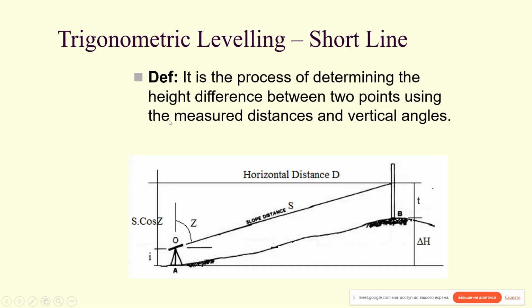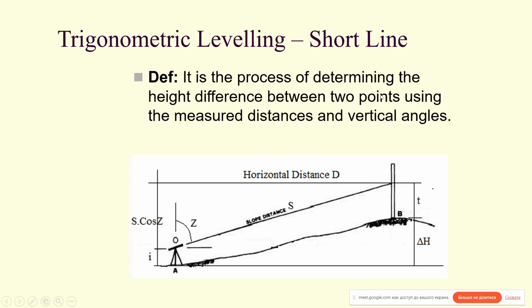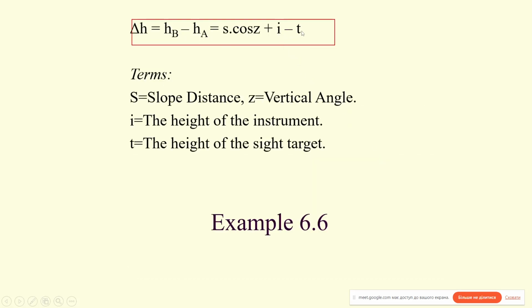It's the angle from zenith direction to the slope distance. Well, and also we use plus I minus T. It's instrument height and target height. We can use equal heights of instrument and target. So in this case, I will be equal to T, and these elements of the formula disappear.